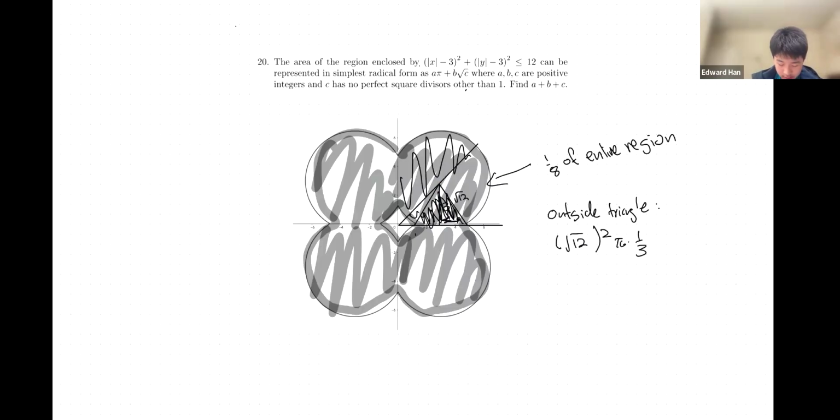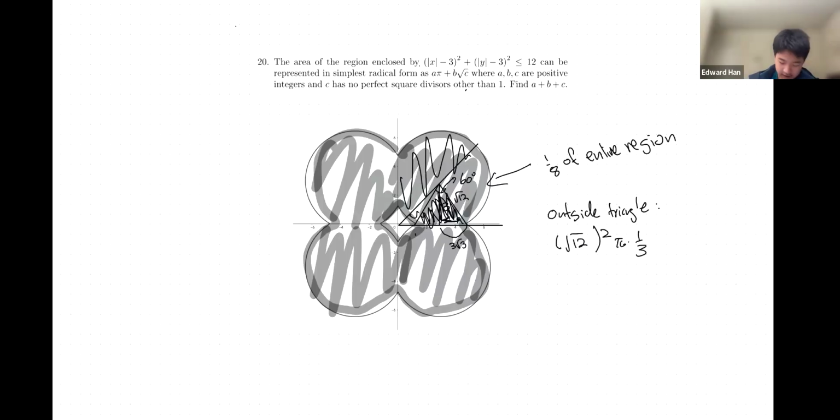So this length here is 3 root 3 by Pythagorean theorem. At this point, we can recognize this triangle as a 30, 60, 90 triangle and conclude that this angle up here at the top is equal to 60 degrees. And so this triangle is equilateral. So that's how we get that this triangle takes up 1/6 of the circle.